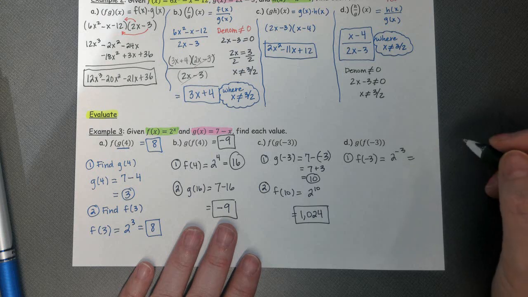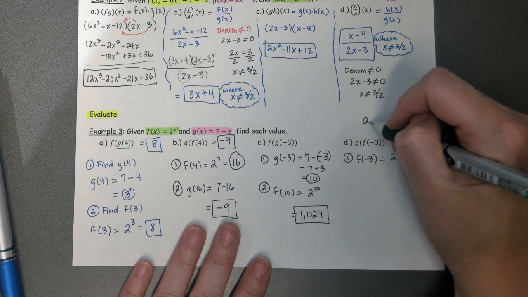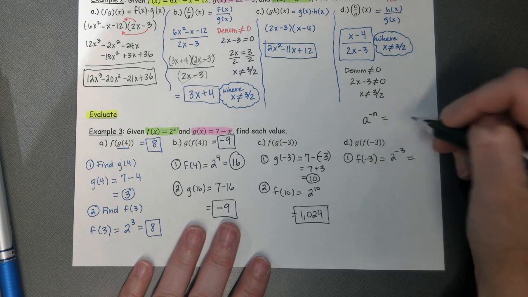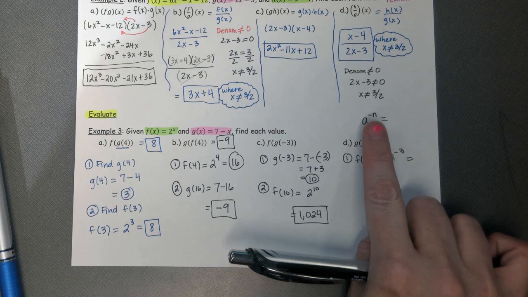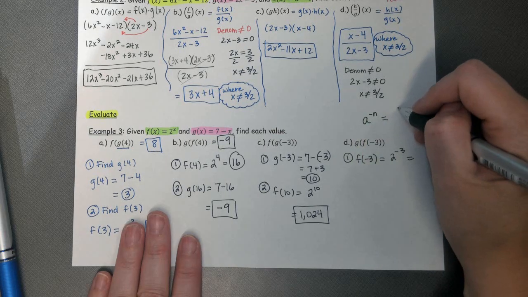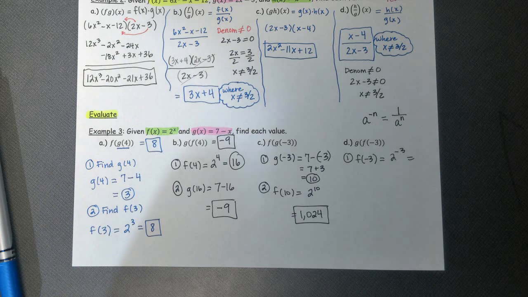So make the negative exponent positive. When you studied exponents, you likely talked about this property, where if you have a to a negative n power, you can rewrite it as 1 over a to the n. Does that ring a bell a little? You probably didn't do a lot of it.